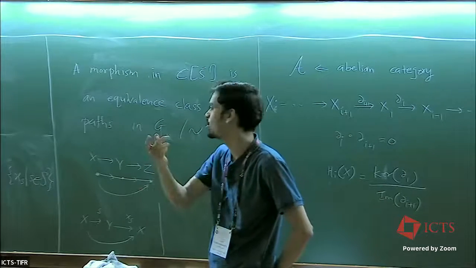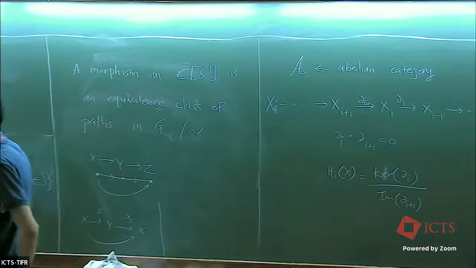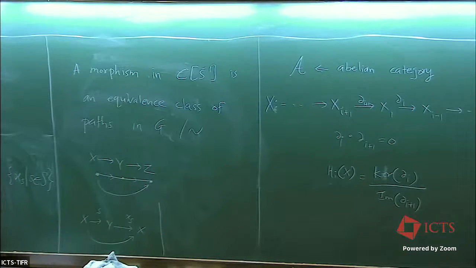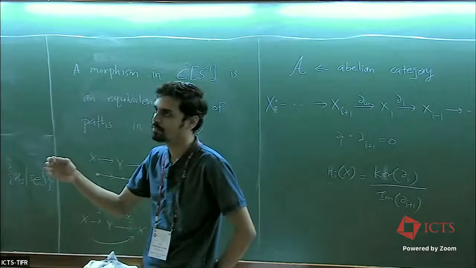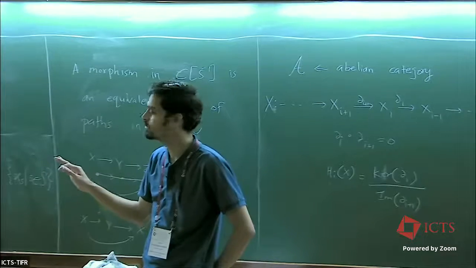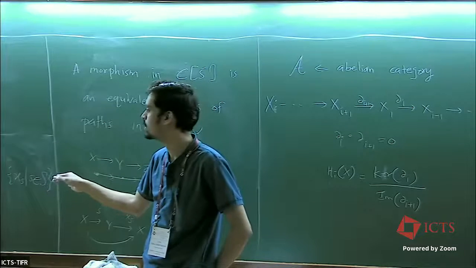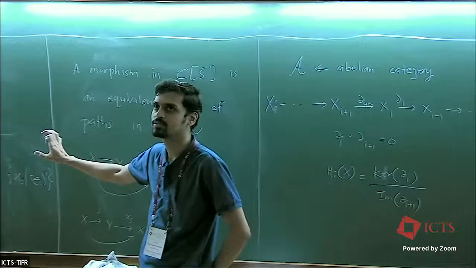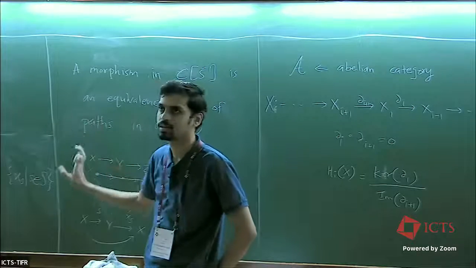And now whatever Navakumar said, this construction need not give us a small category or locally small category in general. But if our category is nice enough, for example, bounded below complexes of modules over a ring which has a model structure, then in the first talk today we saw that the set of morphisms between any two objects can be described in a nice way.